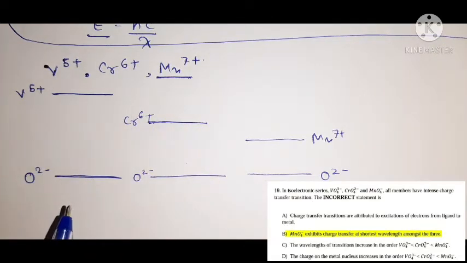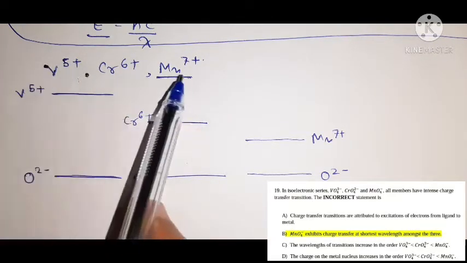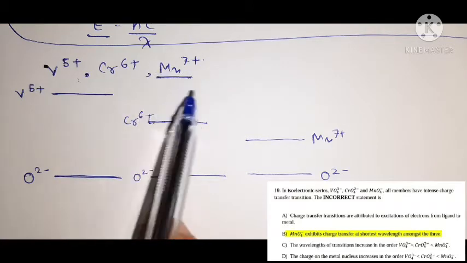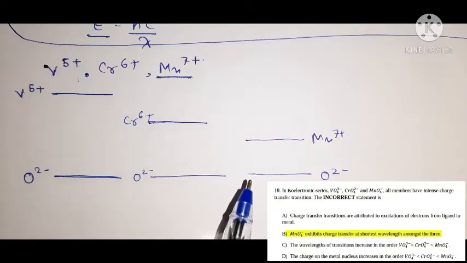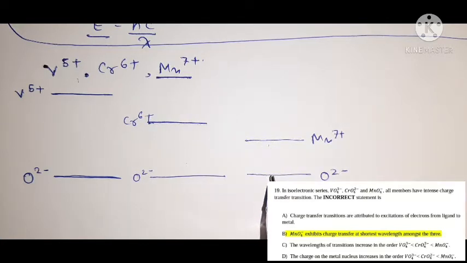Here we also use the same concept. When the oxidation state increases, electronegativity increases, energy decreases, and the energy gap between metal and ligand decreases. When this energy gap decreases, the wavelength increases. So what is the wavelength order for this energy transition?